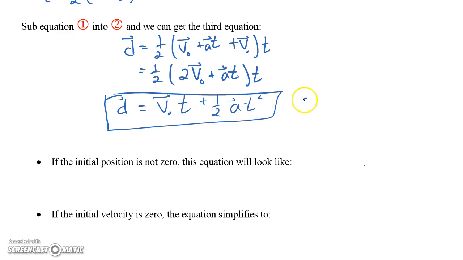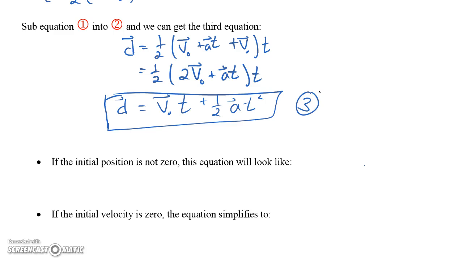This is our third equation. This is going to be the most used equation we have this year, just because it's got the most useful things. And it also can be used in a lot of different situations. So there's two specific equations that we might have to work with that come from this one. So this is assuming our initial position is 0, which is almost always the case.